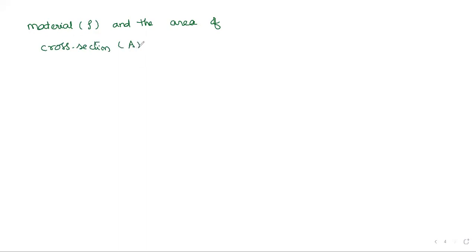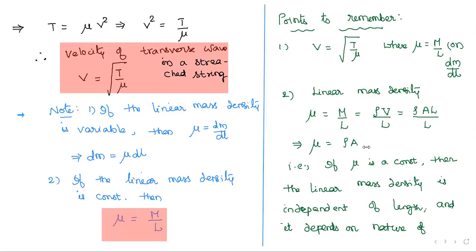That's why, if you want to write the area of cross section as pi r square, you can substitute it depending upon the problem. And this is one formula.